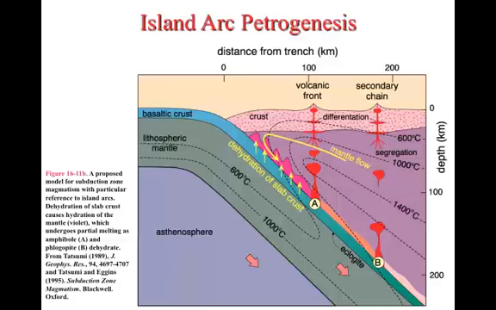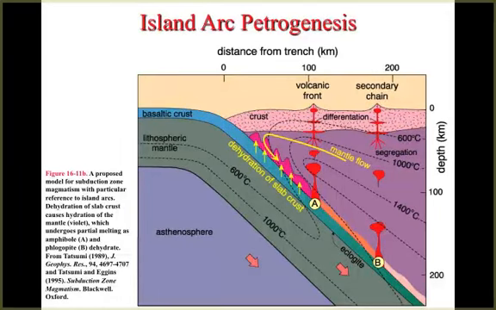Now, I want to clear up a very common misconception about how melting works at continental arcs and subduction zones. Here's a schematic subduction zone where we have oceanic crust subducting beneath a continent.